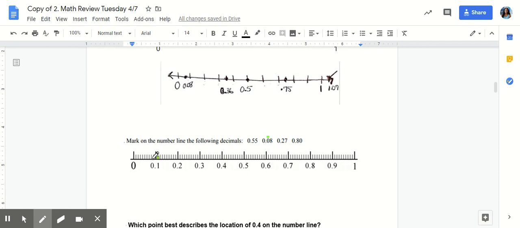So I know that that is less than 1/10. I can count from 9/100, 8/100. So I'm going to place that here. So that will be placed here.